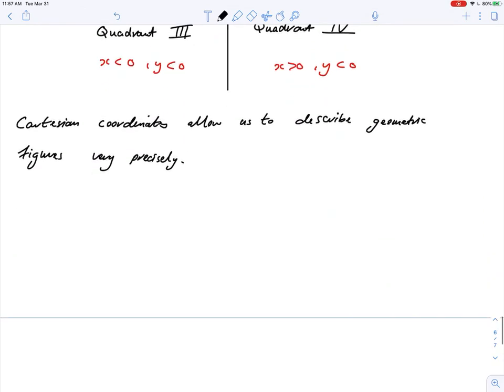So let's do an example. So go to your workbook, L182, questions 2 and 3. So I want you to pause the video, go to your workbook and try doing this.